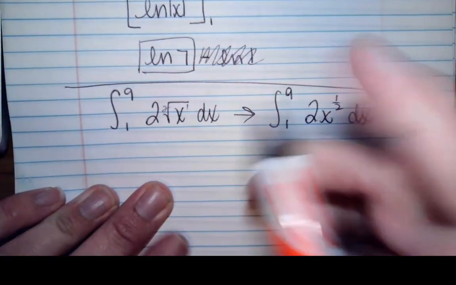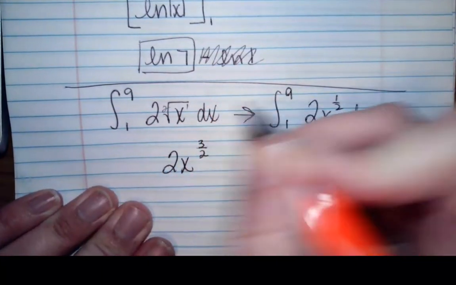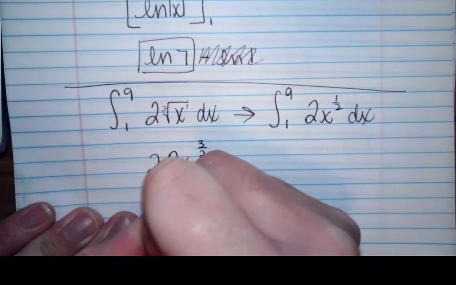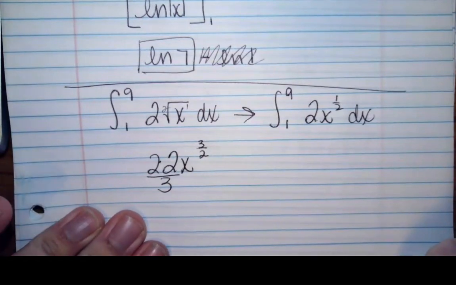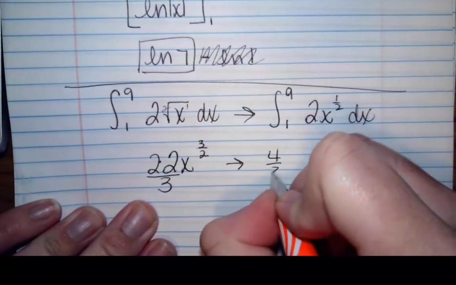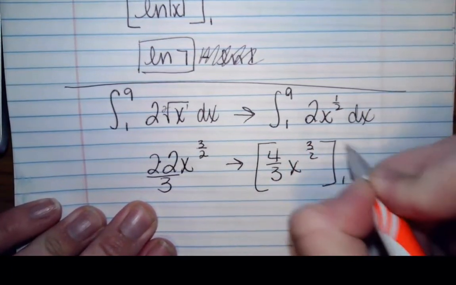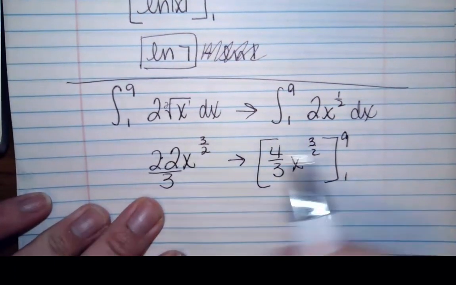It's going to be 2x to the 3/2 over 3/2, which means times 2/3. Flip and multiply. So I get 4/3 x to the 3/2, and I'm taking that from 1 to 9.